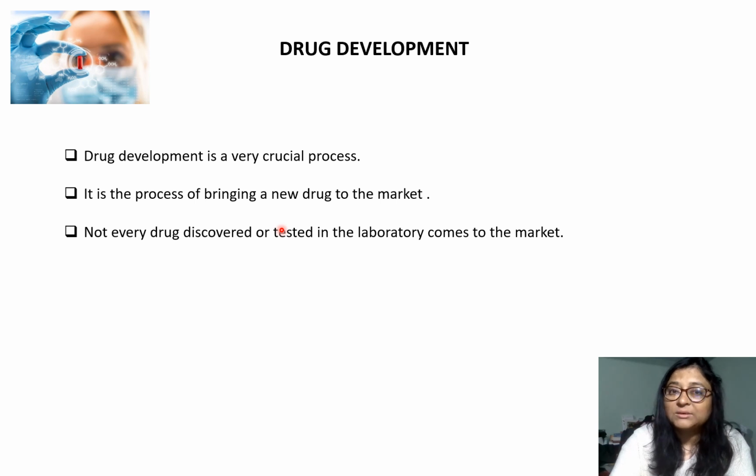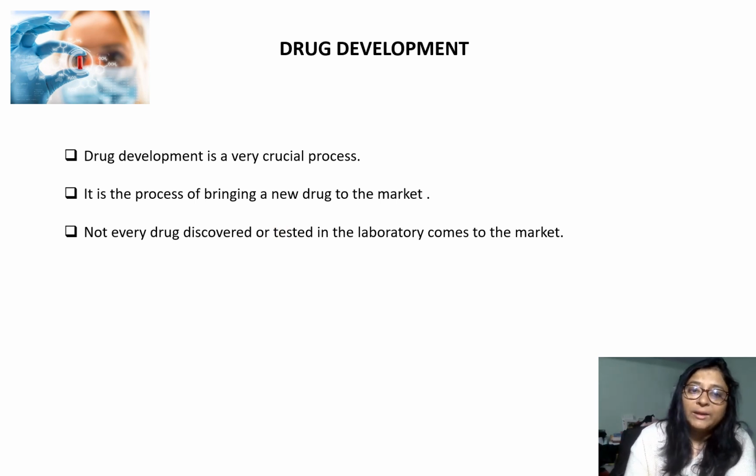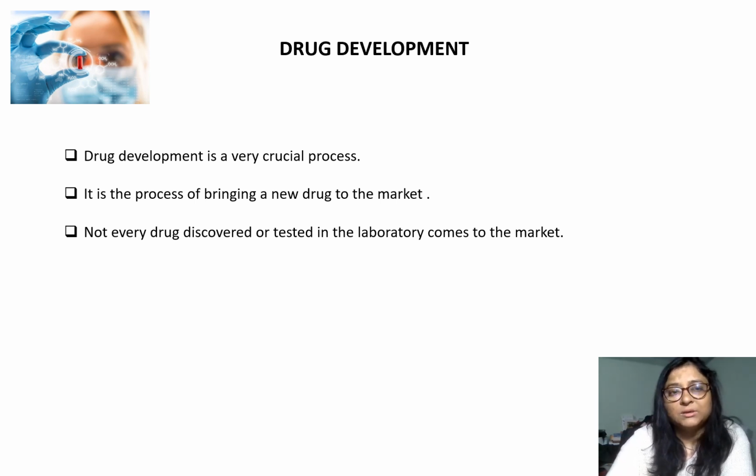For that, our government or any other country's government can't take risks. Before any new drug comes to the market, it has to go through different phases. Not every discovered drug or drug tested in the laboratory comes to the market. As I told, many researchers discover different types of components that can be useful for a particular disease.